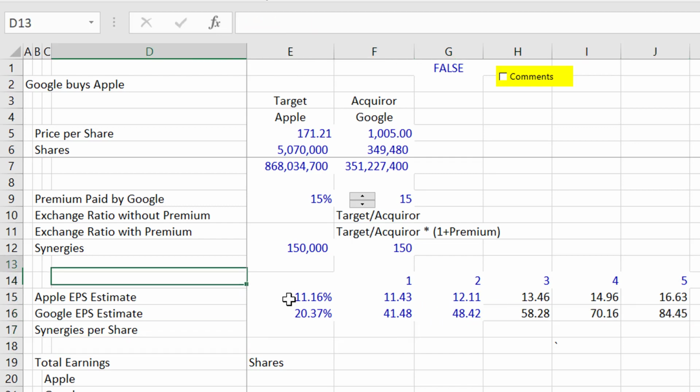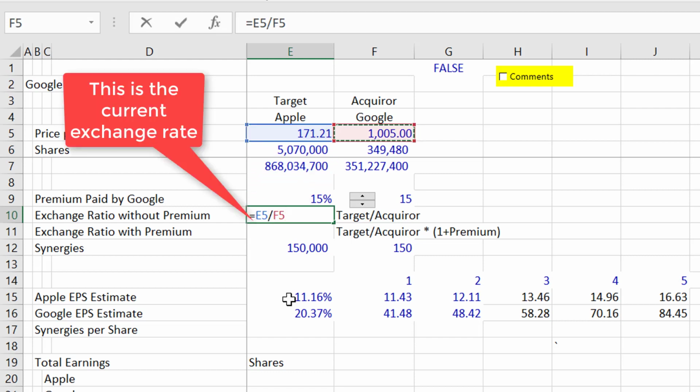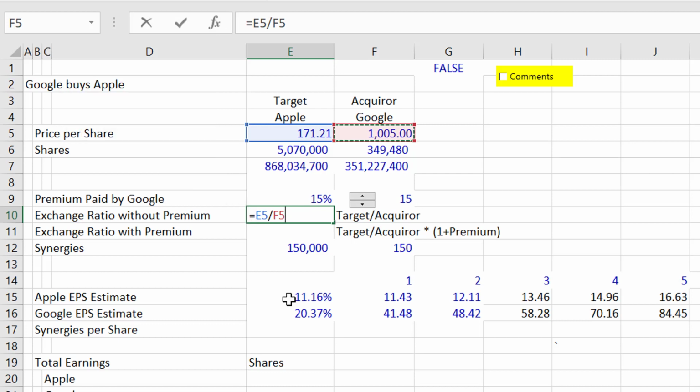Okay? So that's enough. Now, if we pay a 15% premium, here is the target company, Apple, the target share price divided by the current exchange rate. If I went to that booth and said, I want to exchange my Apple shares for Google shares right now, I would only get 0.17 Google shares for every Apple share.